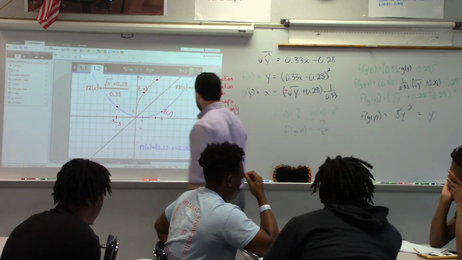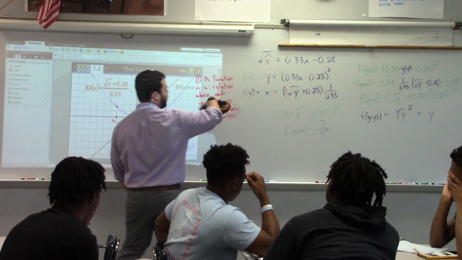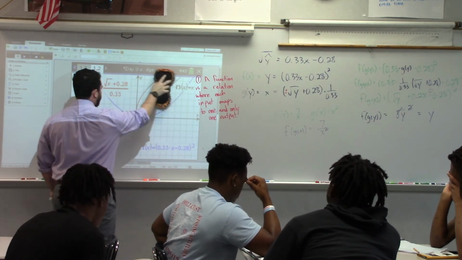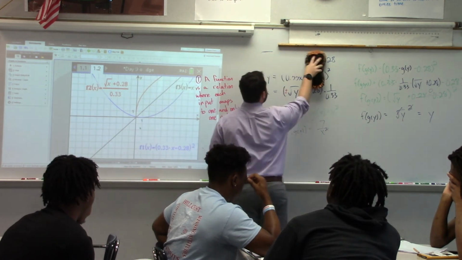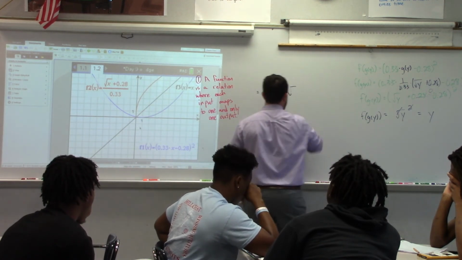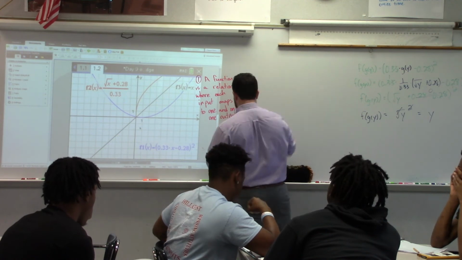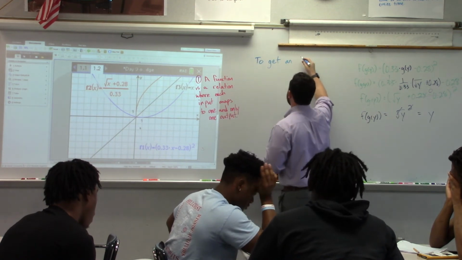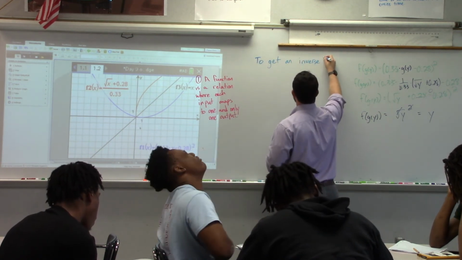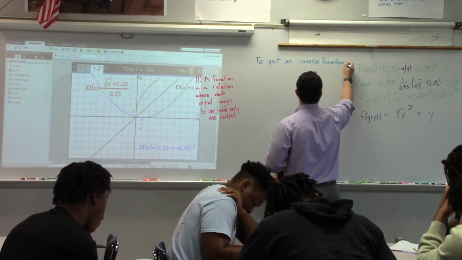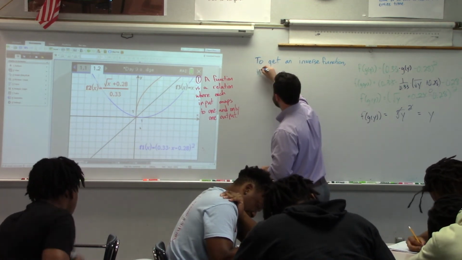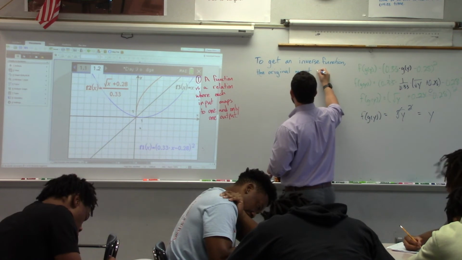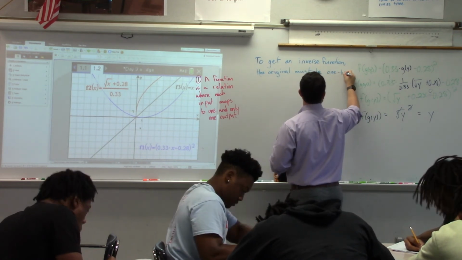So here's what we have to do. First off, we get a function as a relation where each input maps to one and only one output, okay? Well, to get an inverse function, and this would also go under E, the original must be 1 to 1.